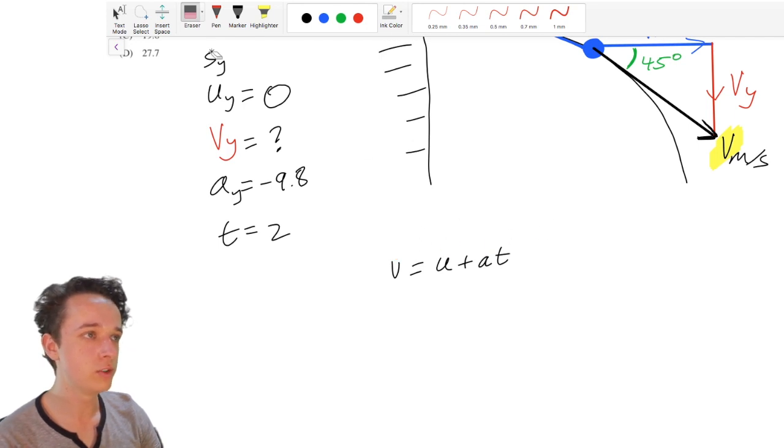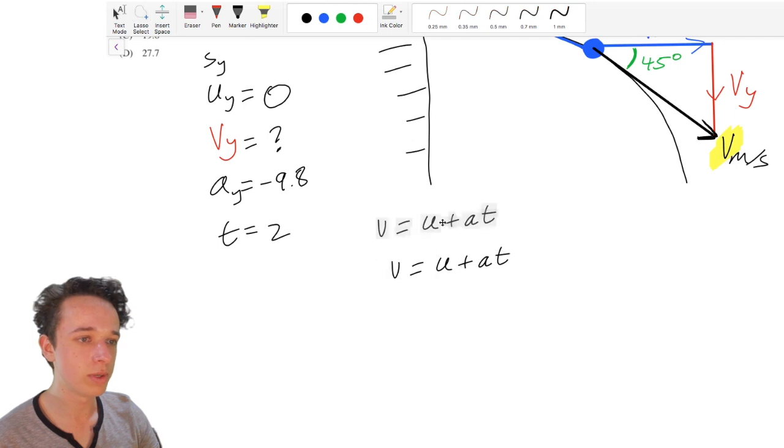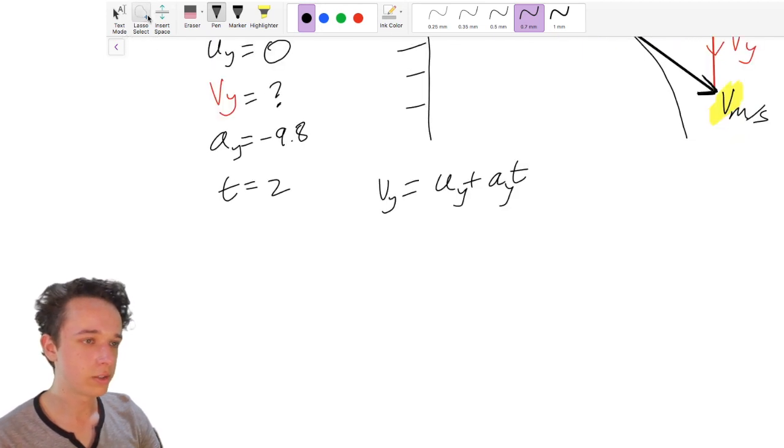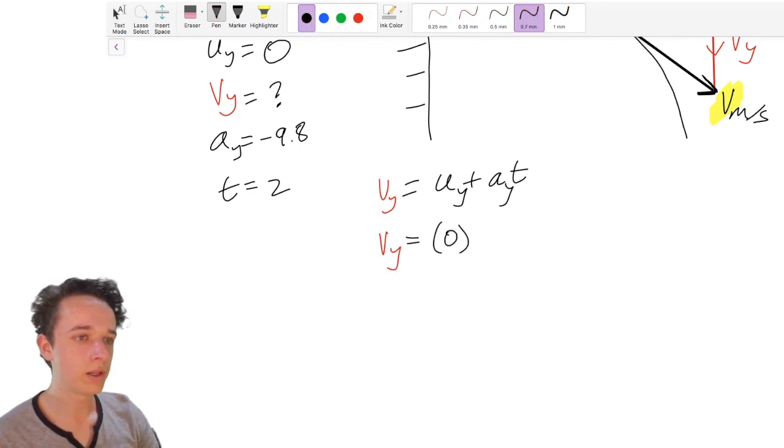So v equals u plus at is the equation that we will be using. I will put a subscript of y on each one here. Vy is the thing that we are solving for. So Vy equals uy, which we have as 0, plus negative 9.8 multiplied by t equals 2.